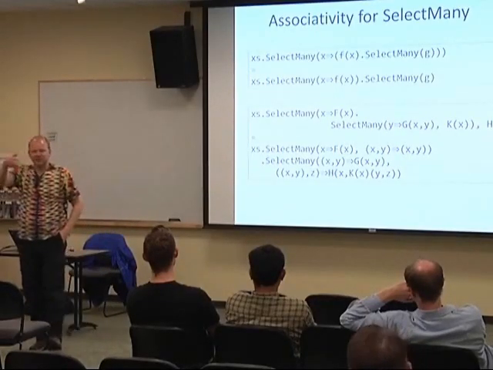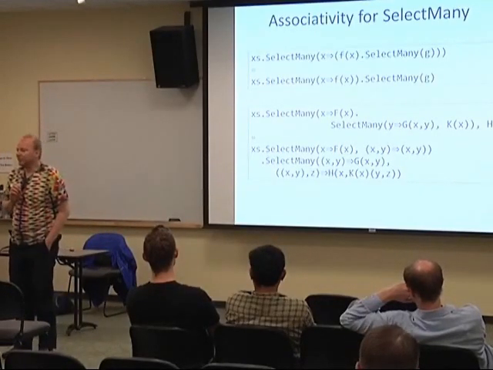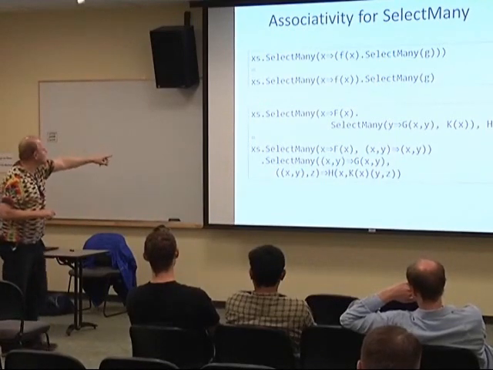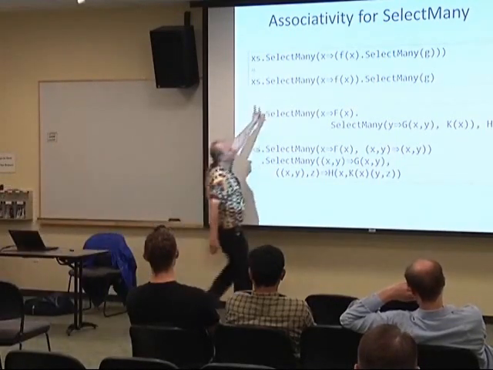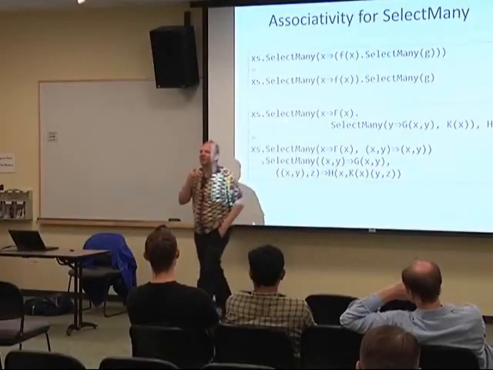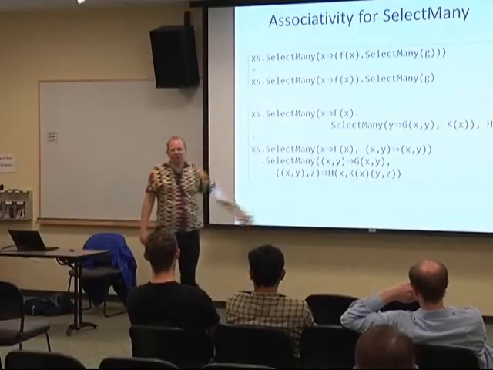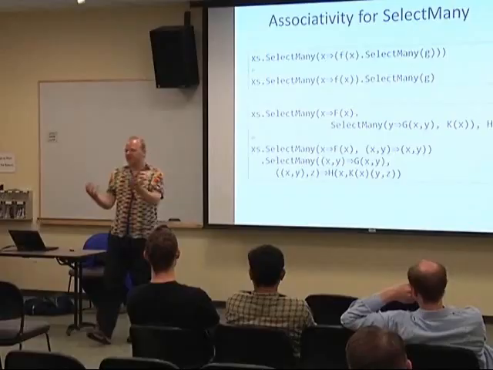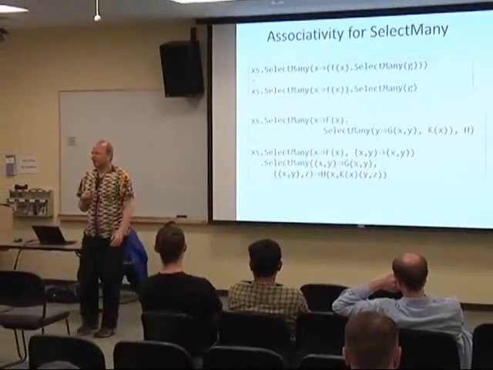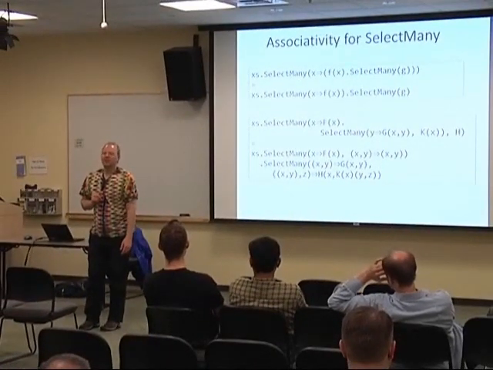Now, if you go and look in the SQL optimizer, you probably will see SelectMany, that's CrossApply. You will see that the SQL optimizer has many of the same rules in there that will take your SQL query and normalize it into a more optimal form.